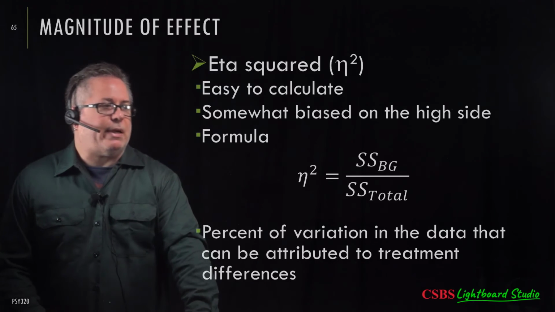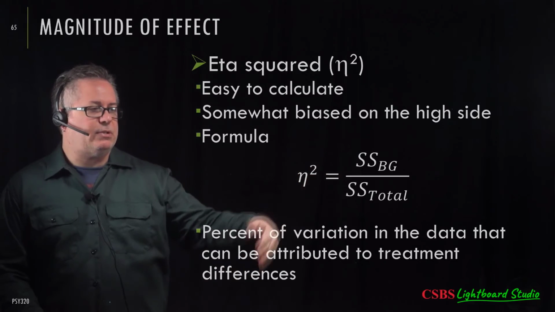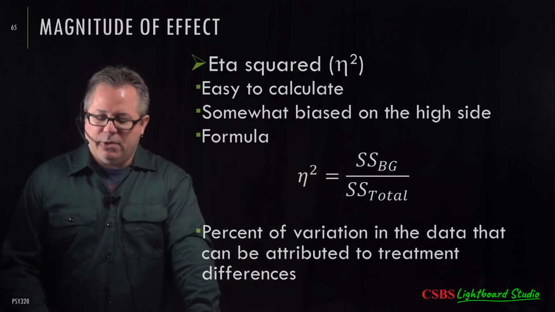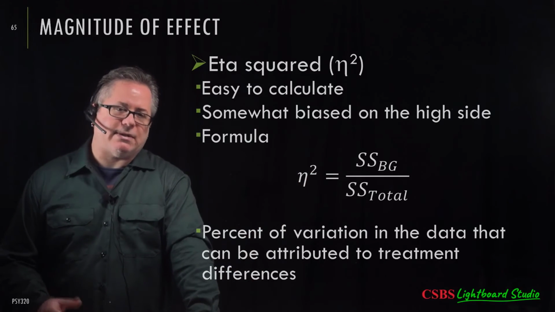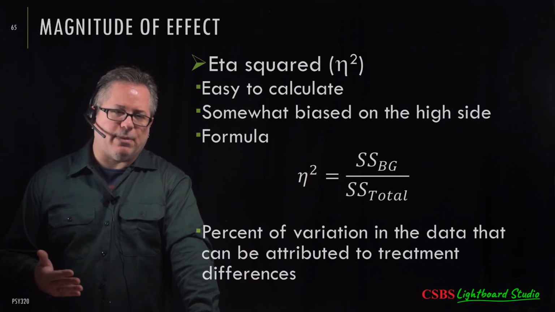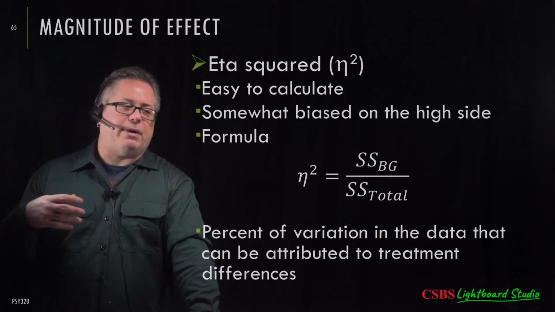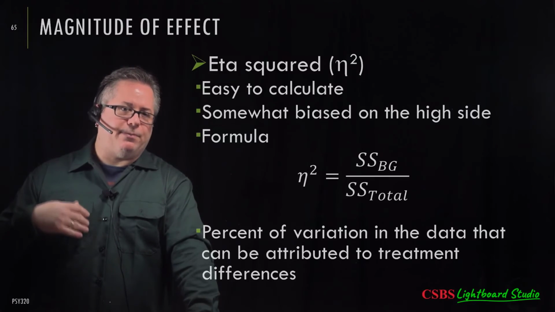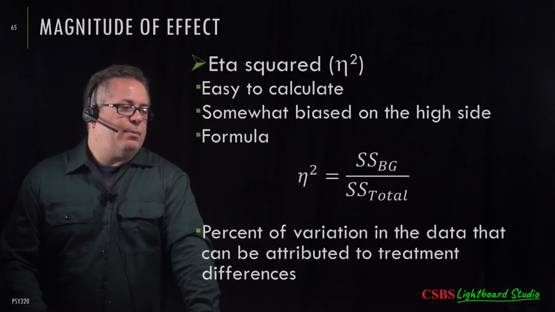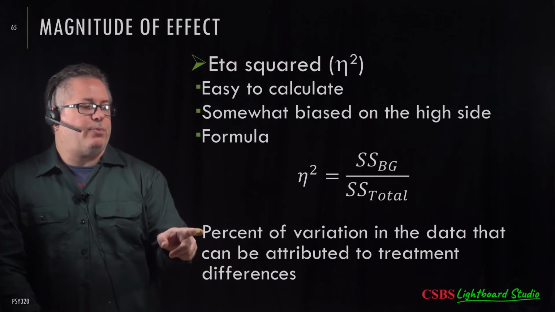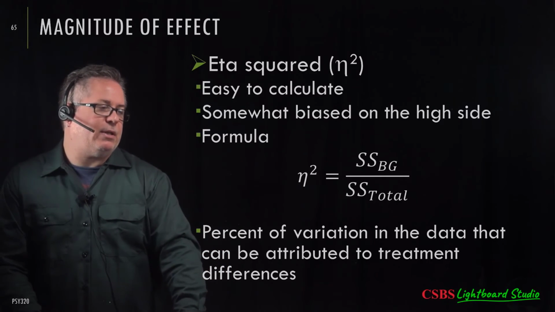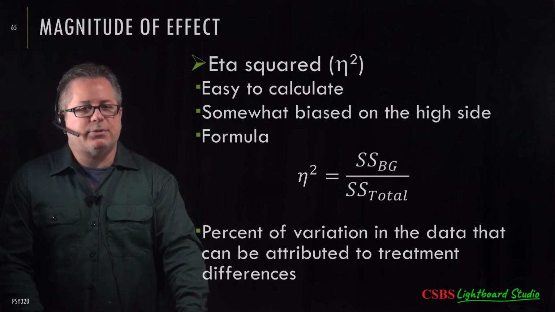That whenever we apply this equation to an ANOVA, we tend to overestimate the effect size. We know that there tends to be a bias on it being a bit too big compared to the population value. But we can interpret it pretty easily. It's the percent of variation in the data that can be attributed to treatment differences.